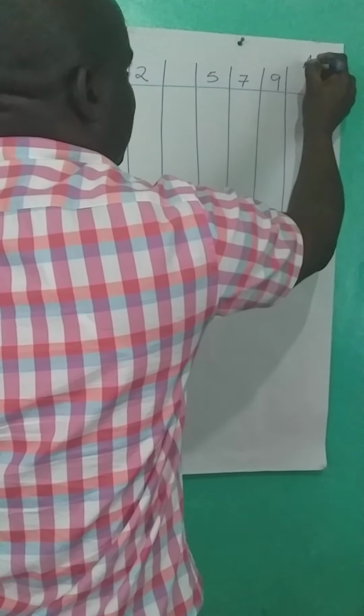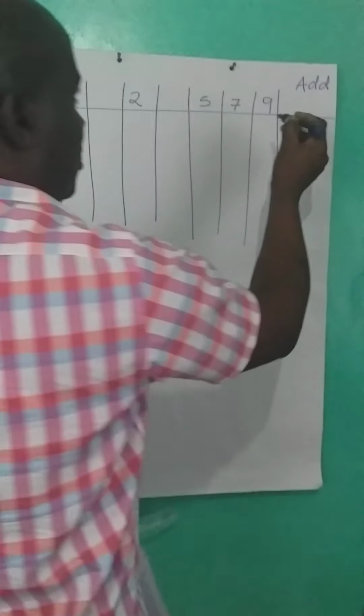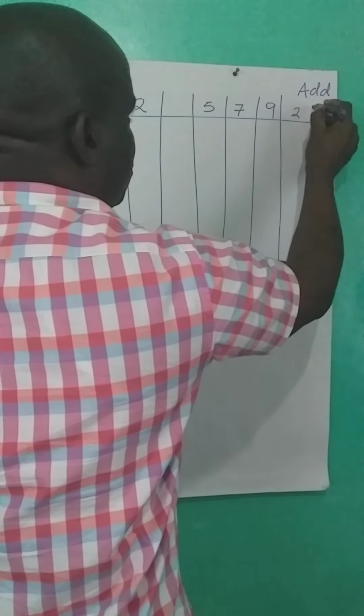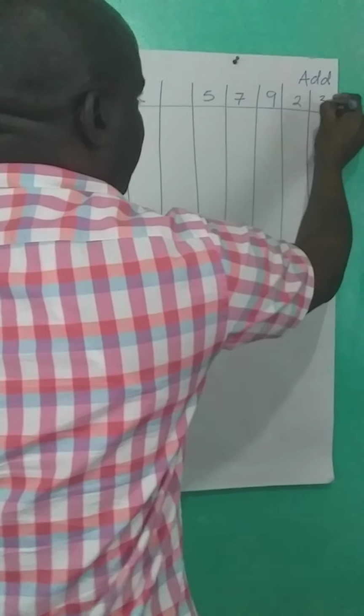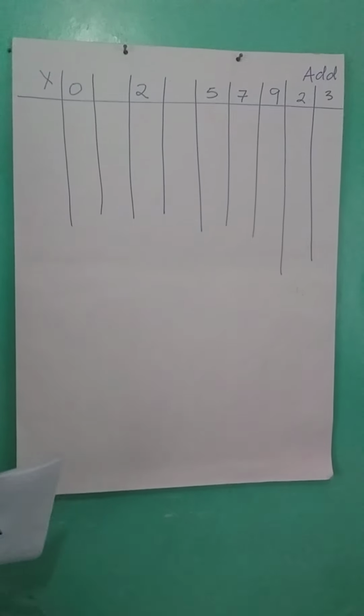And then there is the last column under the heading add. I'm going to skip 1 and use 2 and 3. So there are some numbers which we are going to use in our examples to find their cubes.